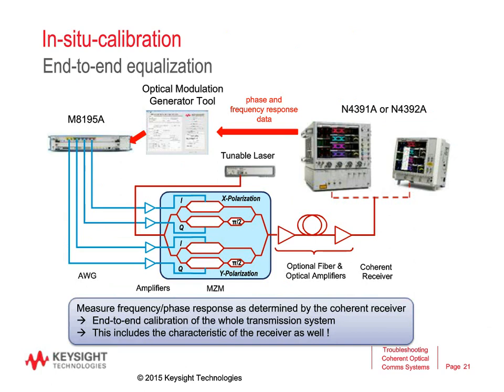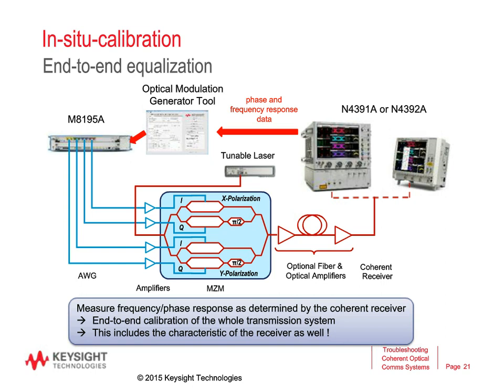This could be extended to also some optical components. We did experiments already on a dual polarization Mach-Zehnder modulator where we use exactly the same setup, use the optical modulation generator tool, download the waveforms into the arbitrary waveform generator. We run the signal through a set of amplifiers to boost up the signal level, use a tunable laser source as a source for the modulator itself.